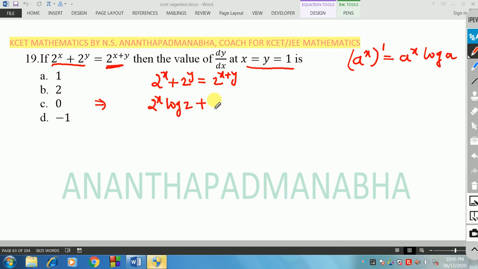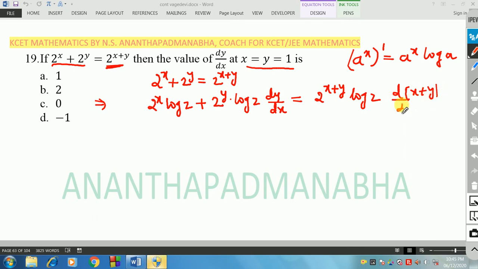When you differentiate 2 to the power of y, you get 2 to the power of y into log 2 into dy by dx, which is equal to the derivative of 2 to the power of x plus y, which is 2 to the power of x plus y into log 2 into the derivative of x plus y, that is d by dx of x plus y.